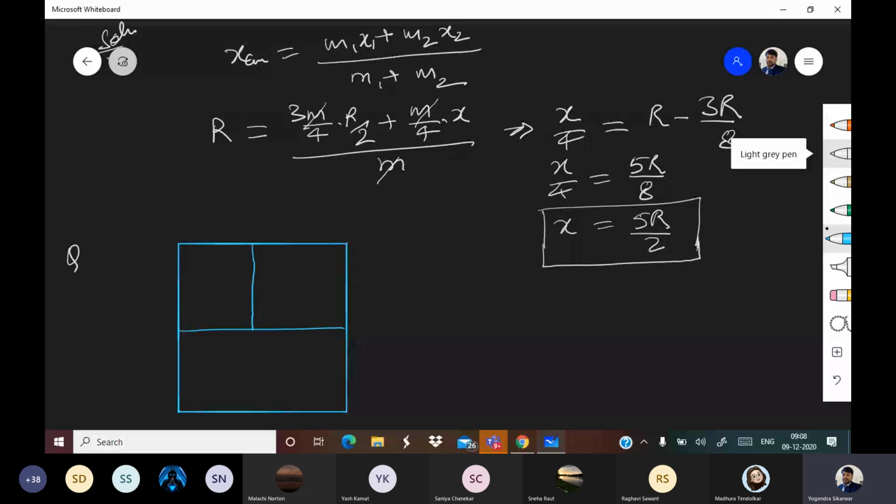So if this point is origin 0, comma 0, and this part is removed. This is the x-axis, this is the y-axis.